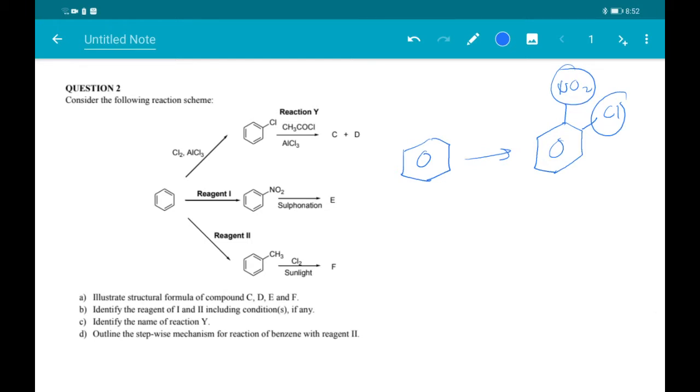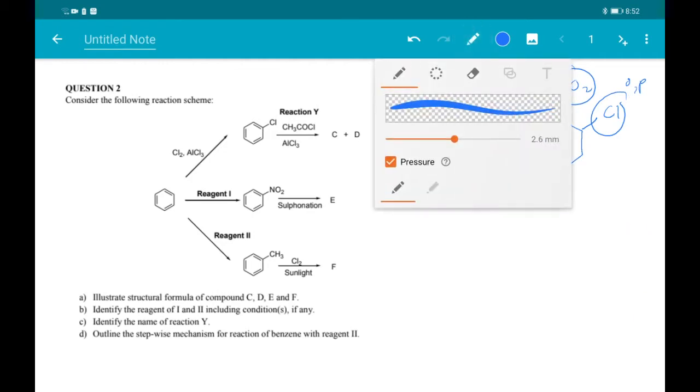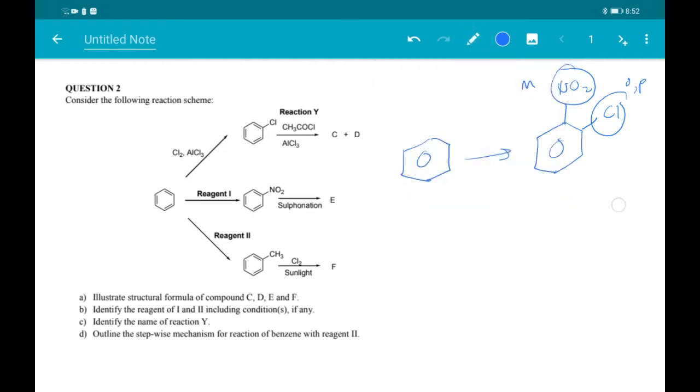In this case, chlorine is the ortho-para director while nitro is the meta director. Therefore, since the compound is in the ortho configuration, clearly you need to insert the chlorine first, because the chlorine needs to become the landlord of the benzene, and then it's going to instruct the nitro to be assigned at the ortho position.